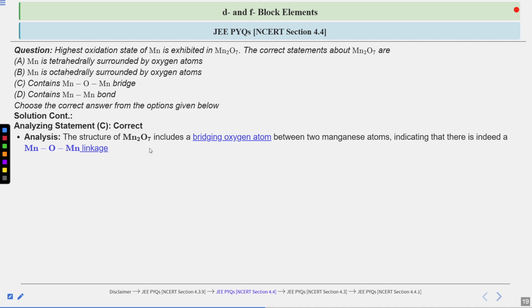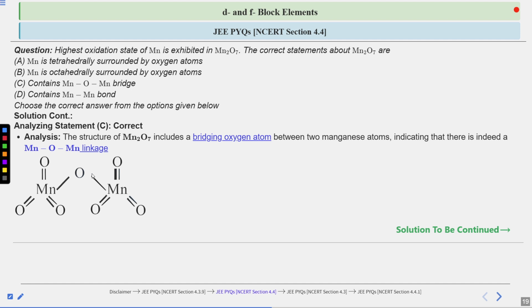So in Mn2O7, a bridging oxygen atom is included between the two manganese atoms, indicating that there is indeed a manganese-oxygen-manganese linkage. You can see the diagram. Hence, statement C is also a correct statement.